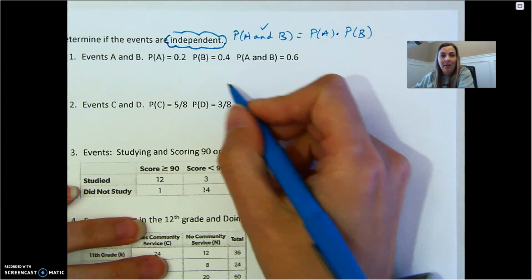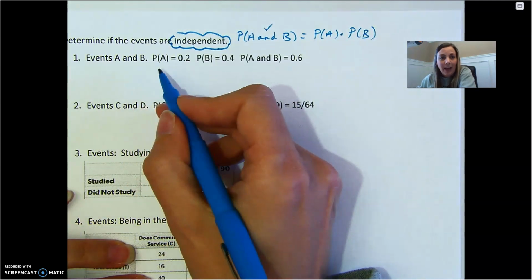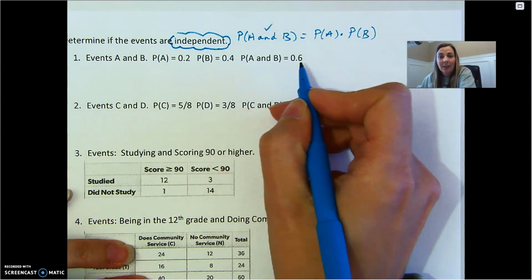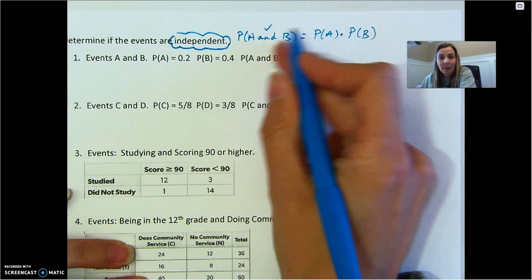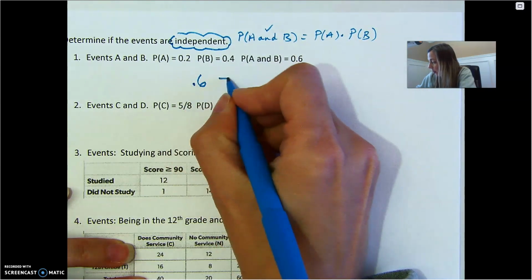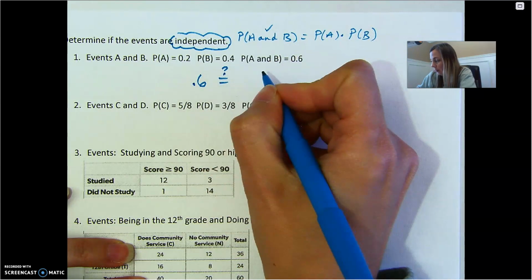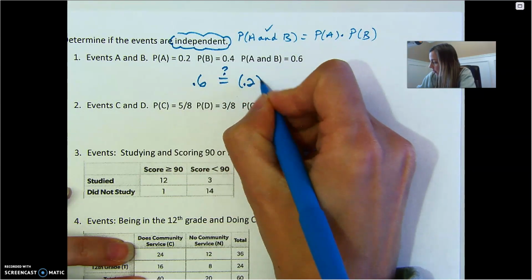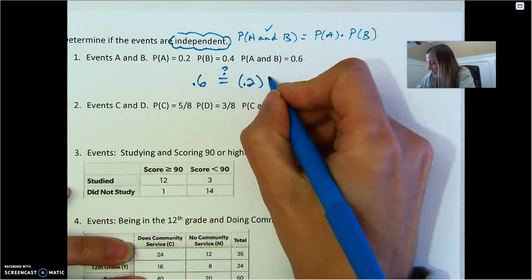All right, so here's what I mean. We've got events A and B. A is 0.2 and B is 0.4. A and B is 0.6. So if we plug it into this formula, the and is 0.6. I'm going to put an equal sign with a question mark over it. A is 0.2 times B, which is 0.4.